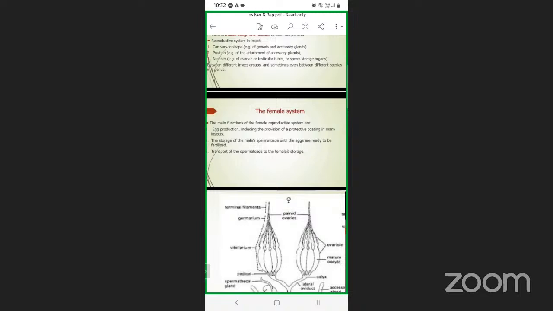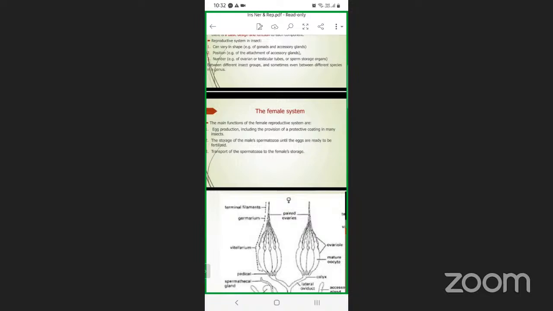So the common oviduct opens posteriorly into the genital chamber, called the vagina, which is later developed to form a bursa copulatrix, and it receives a penis during the copulation.